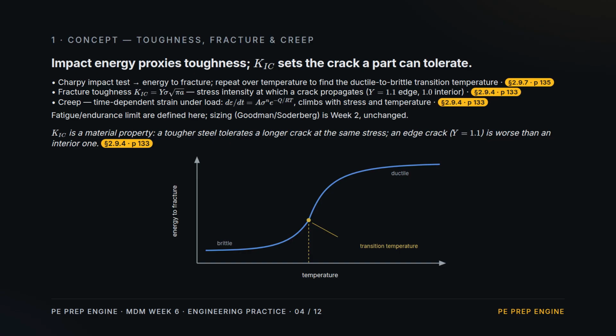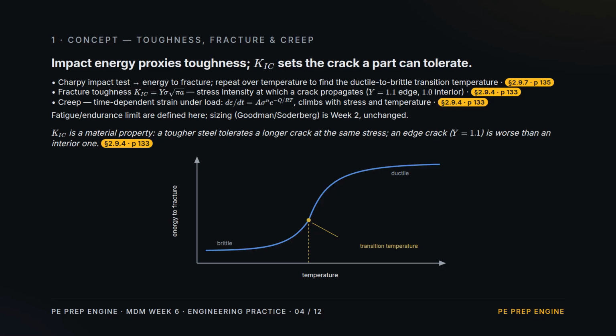Concept 3. Toughness, fracture, and creep. Impact energy stands in for toughness the way hardness stood in for strength. The Charpy test measures the energy to fracture, and repeating it across temperature reveals the ductile to brittle transition, a plateau of tough behavior that collapses to brittle as it cools.